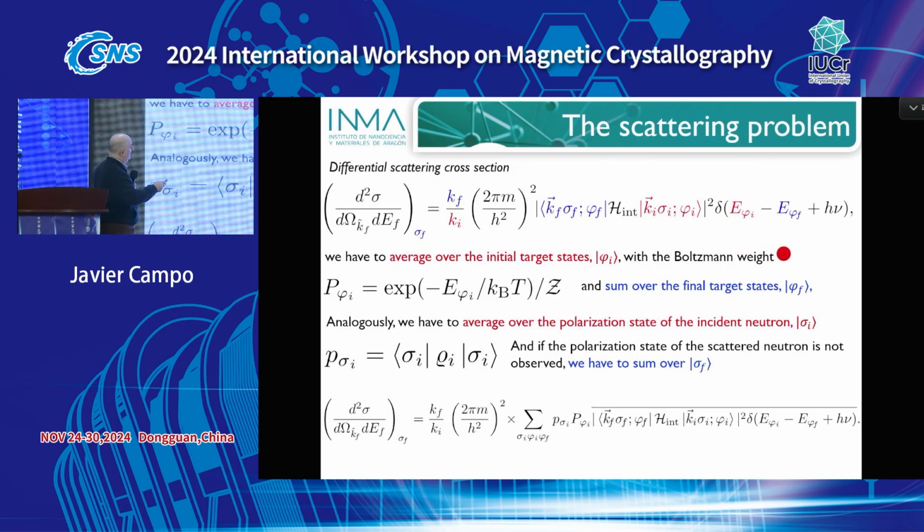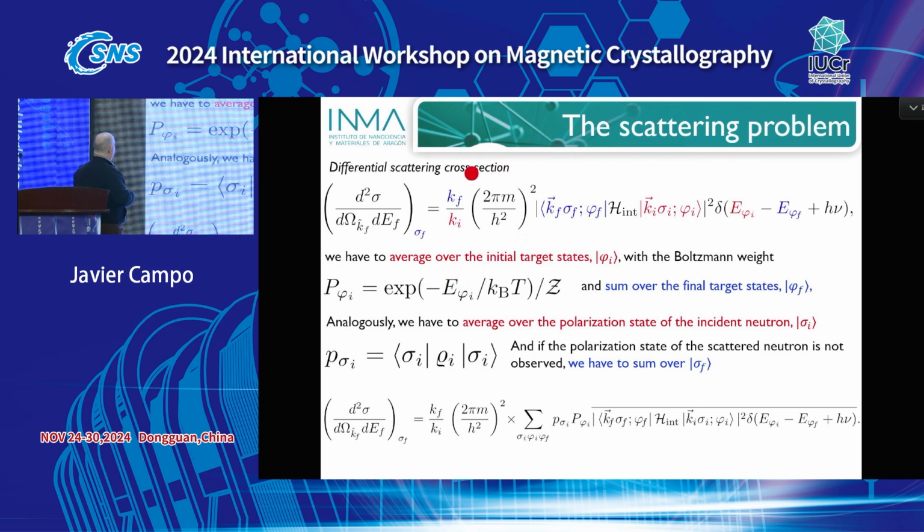The conservation of the energy of the total system, the interaction Hamiltonian modulus squared, bracket with the final state of the neutron, final state of the system, the scattered system, initial state of the neutron, and initial state of the system. And here, today we will focus on the sigma. Yesterday, the final state of polarization, we didn't pay too much attention.